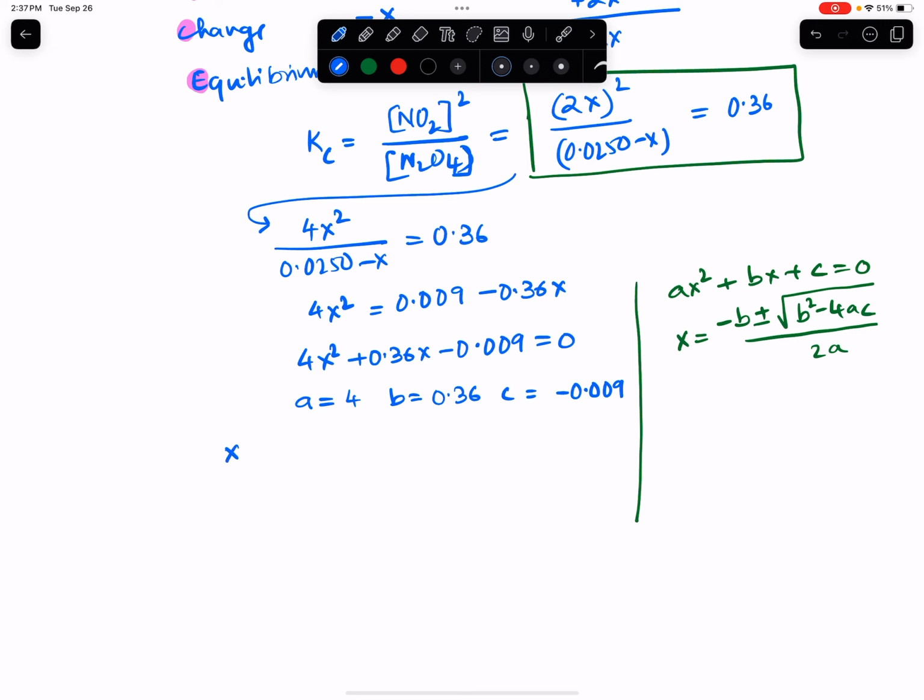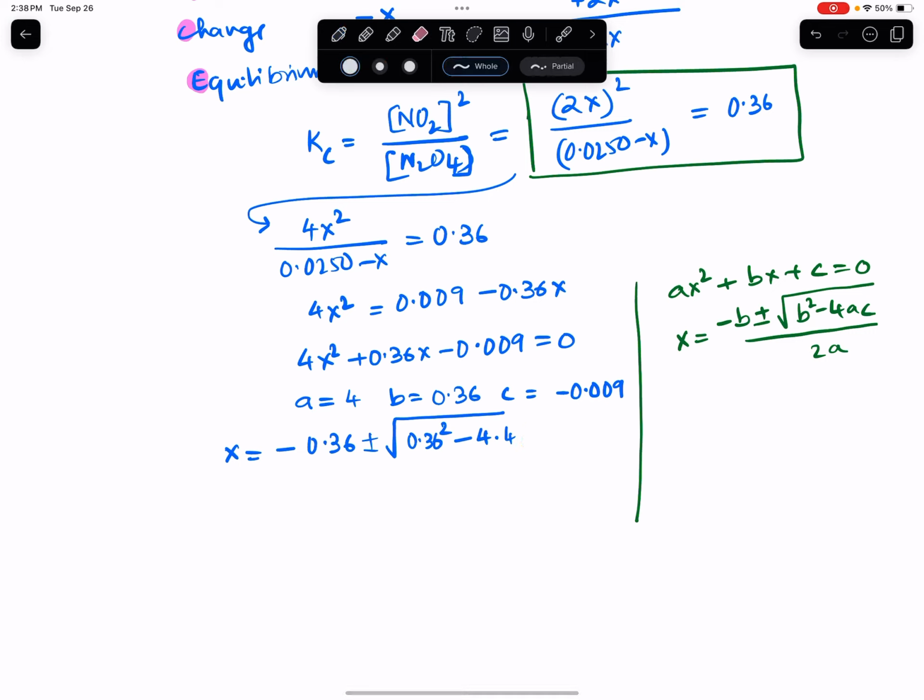So now let's go ahead and set it up. So x is equal to negative b, which is negative 0.36, plus or minus the square root of b squared. So that's 0.36 squared minus 4ac. So 4 times c, which is negative.